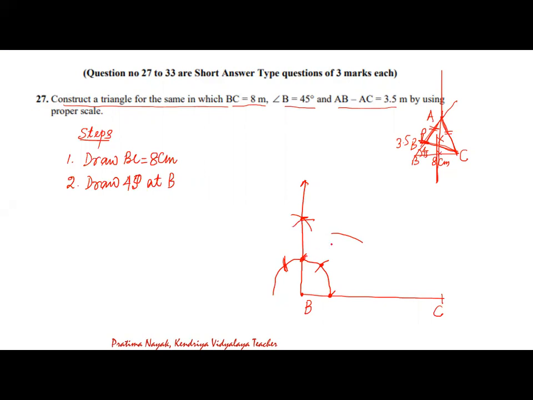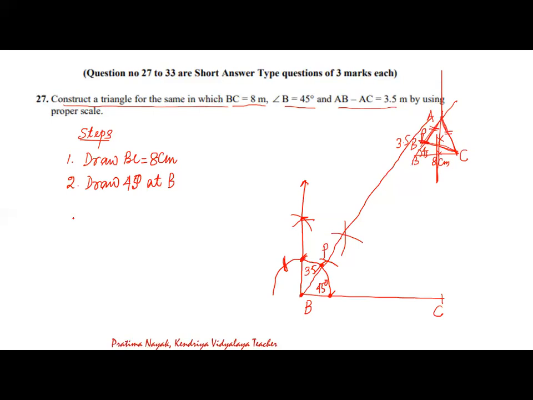Put the compass here and draw another arc. Mark that this line will be less than your 60 degree. Then only you are correct. That is 45 degree.